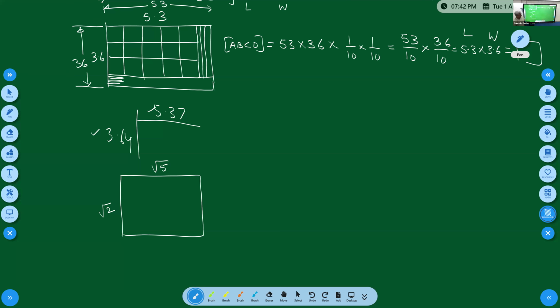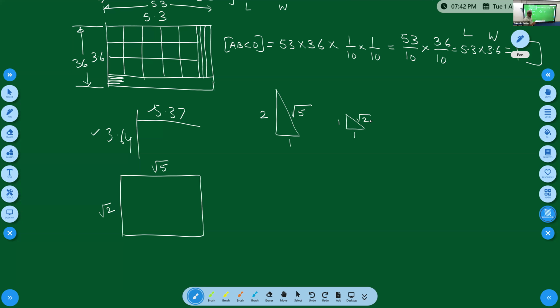Yes, now we have got Pythagoras theorem. So if I want to create a segment of length √5, I will draw right angle triangle with sides 2 and 1. Right? Then this segment is going to be root 5. If I want root 2, I will draw right angle triangle of 1 and 1. This side will be root 2.